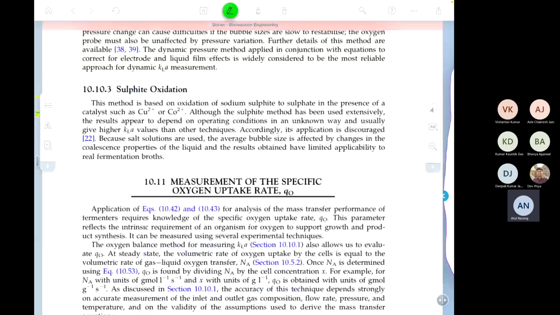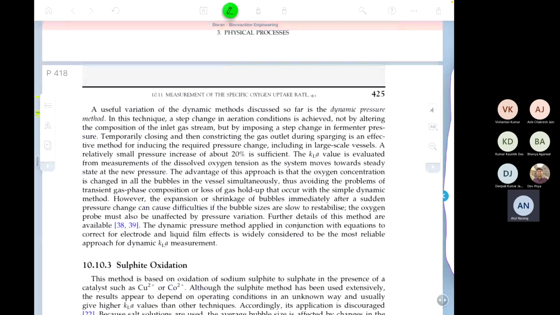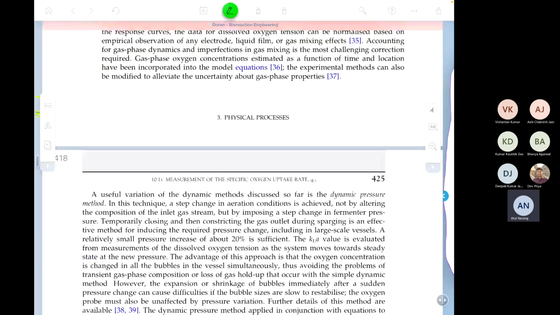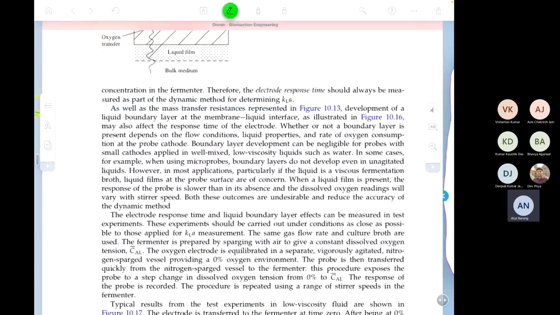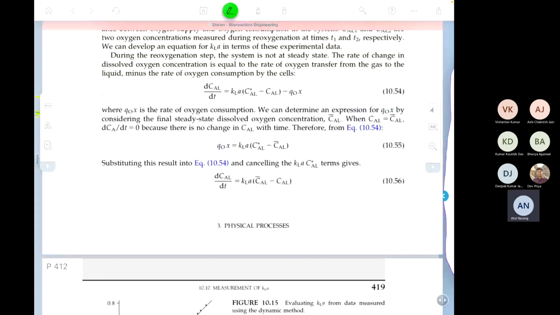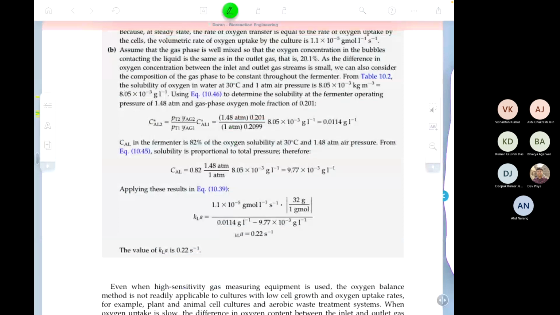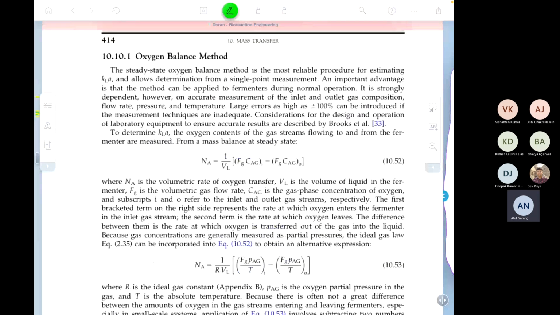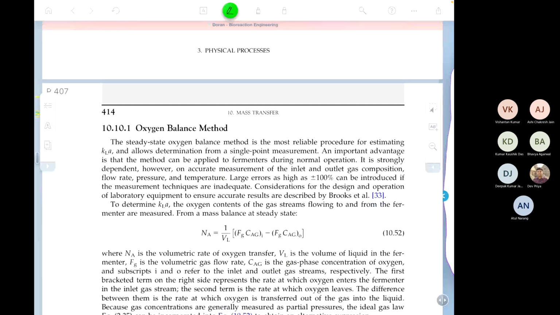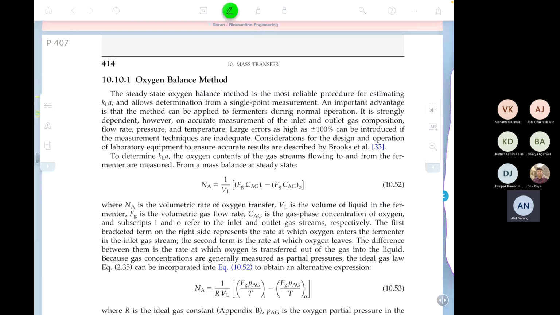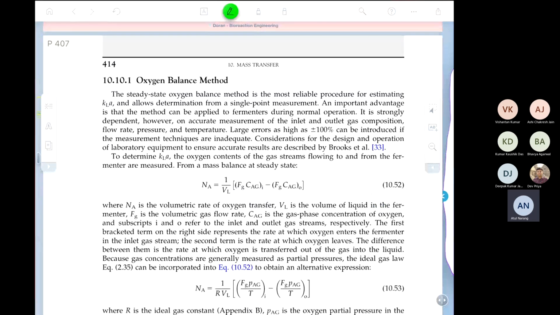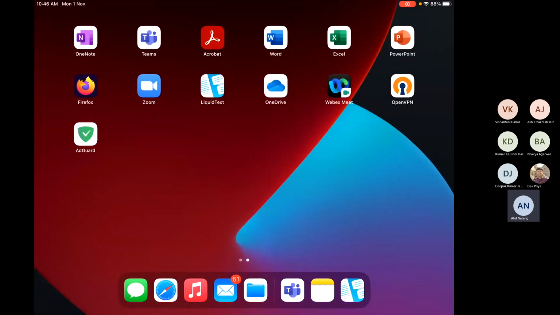Now, I want to go back to something that I have not covered, which is actually at the beginning, and that is that because of these problems with the dynamic methods, what is of much more importance is actually the steady state method, which I can cover rather easily.